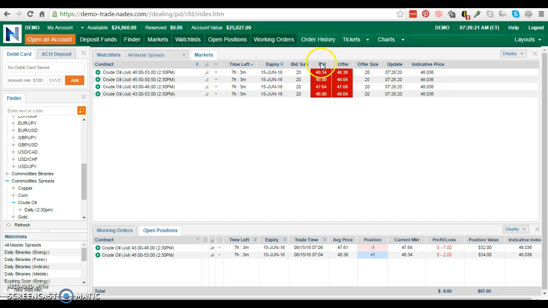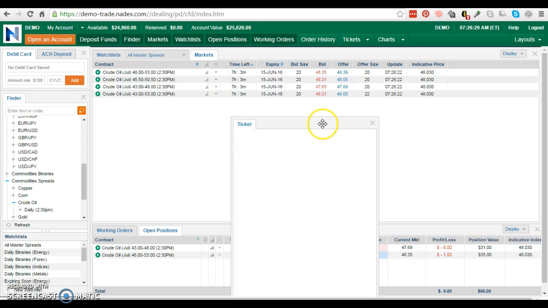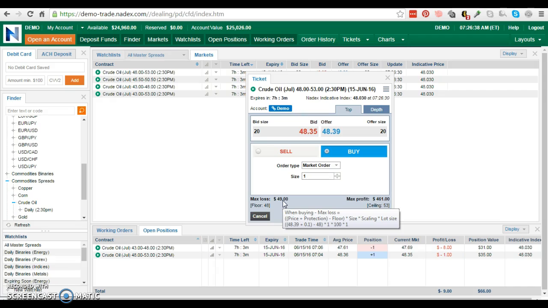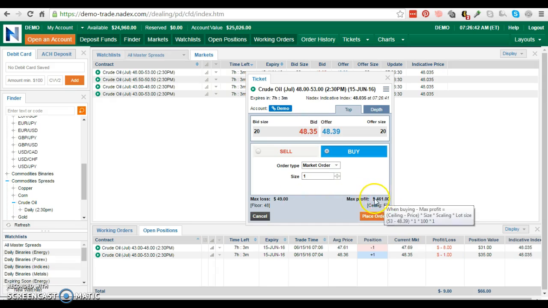Okay, so I come over here. This is where you do the selling, under bid. This is where you do the buying. So we're going to buy this. Okay, you just hit right there. The ticket will come up, and as you can see, before you execute any trades on Nadex, your max loss and your max profit are always presented to you.